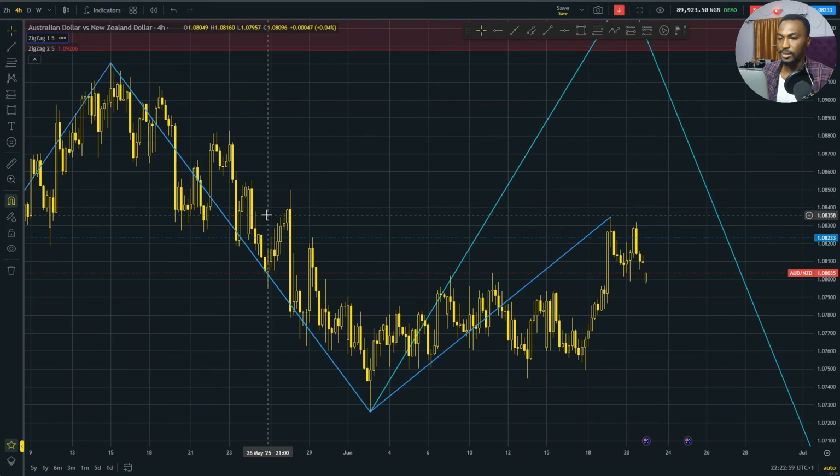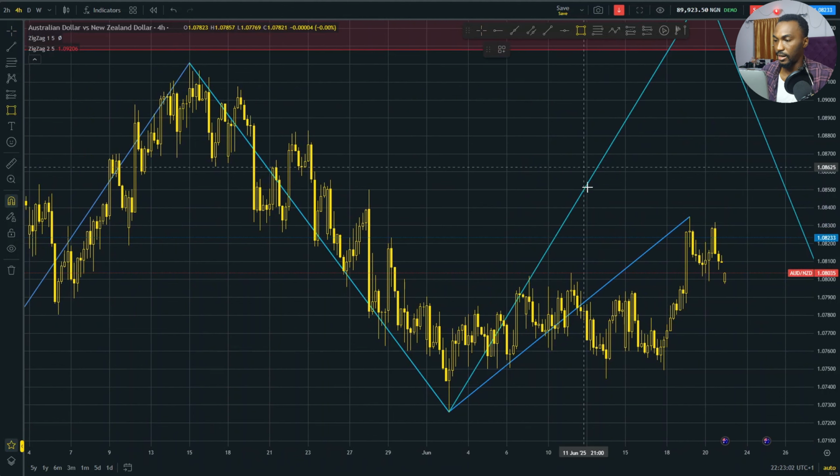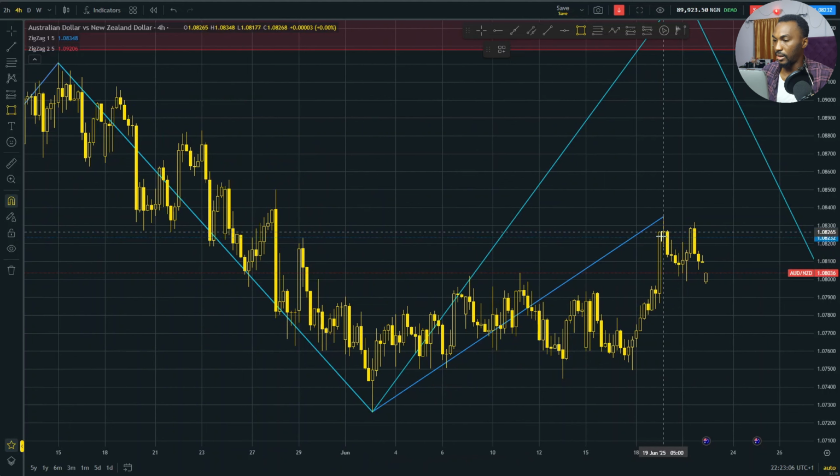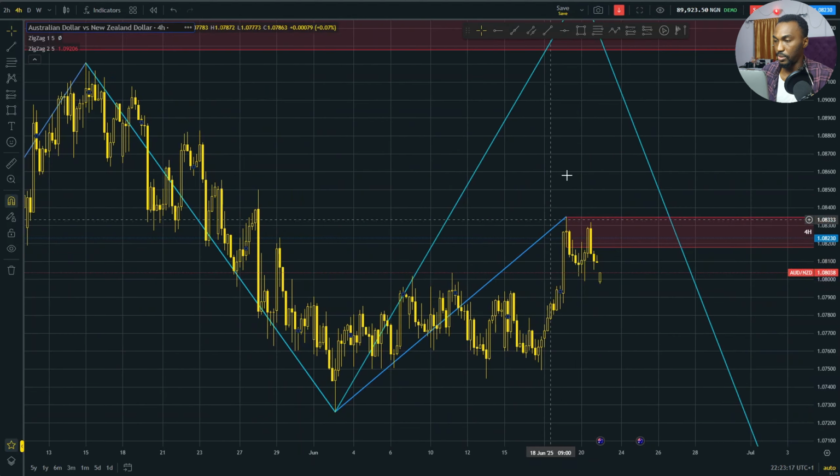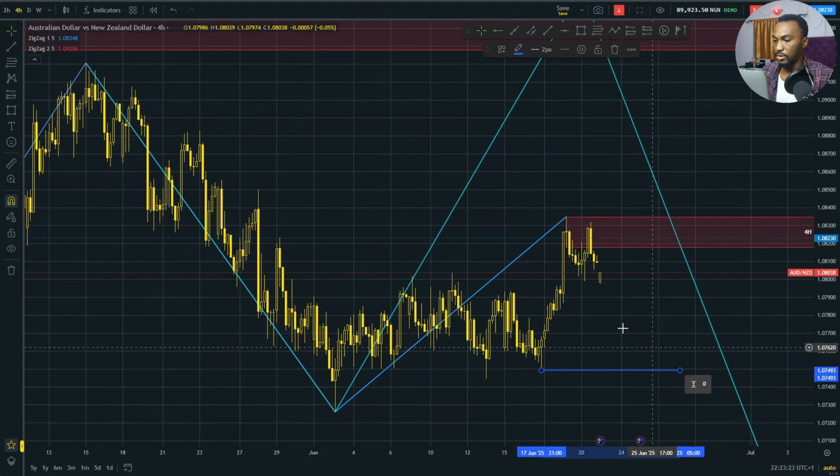Okay, so on the 4 hours, it seems like it became very, very clear, right? We actually even have this one right here, sitting right here. But it is not clear to me, because I'm looking at what led to this. What led to this is immediately after this consolidation, we had this.